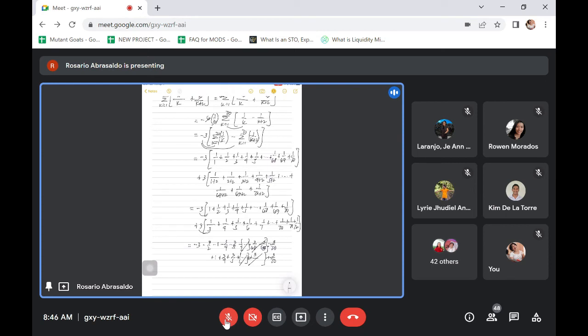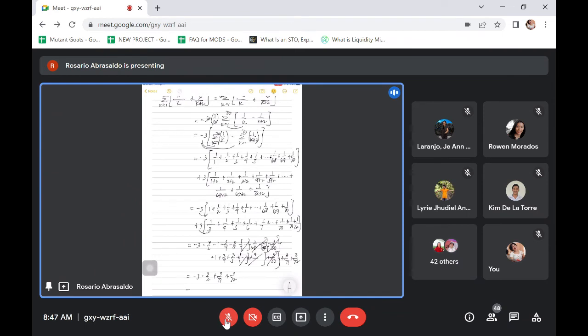The 3 over 68 positive went inside. So the 3 over 70 here is gone, it cancels out again because negative and positive. But what will not cancel out is plus 3 over 71 plus 3 over 72. So take note of the remaining numbers here: we have negative 3, minus 3 halves, plus 3 over 71, plus 3 over 72. These don't cancel out because they have no pair.